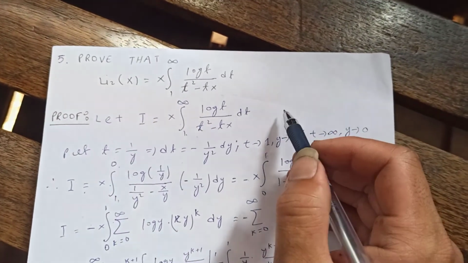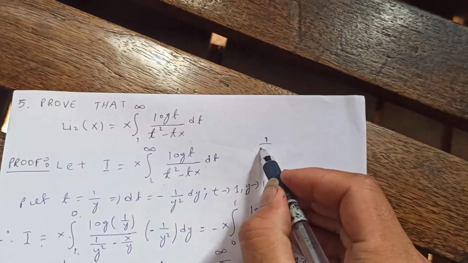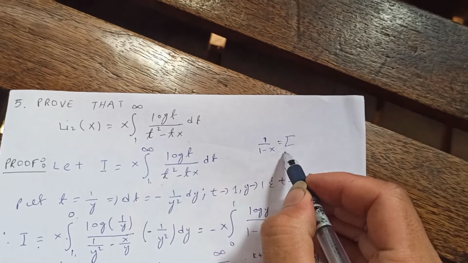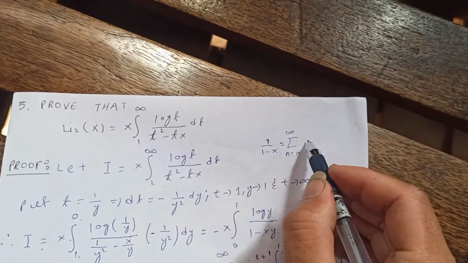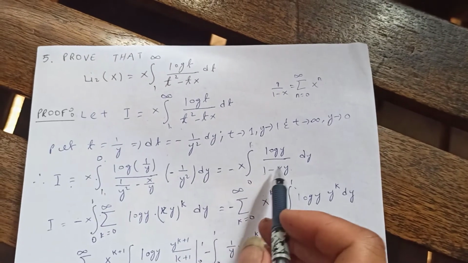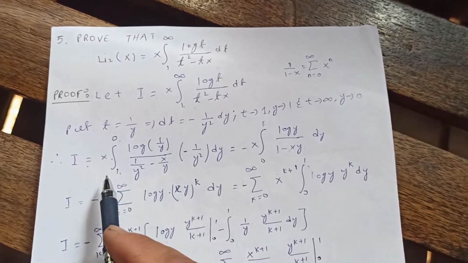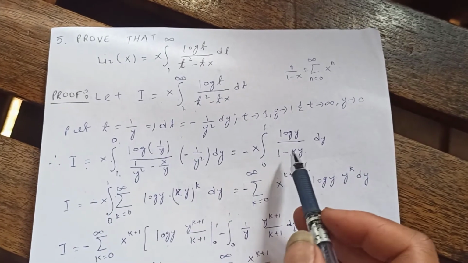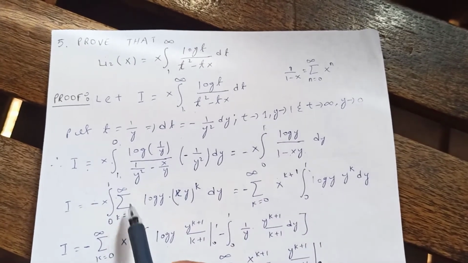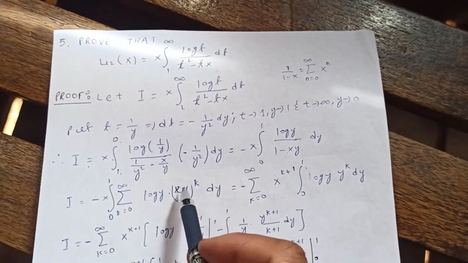And again, using the geometric progression, 1 over (1 − x) is the sum from n equal to 0 to infinity of xⁿ, right? So using that here, I is equal to negative x times the integral from 0 to 1 of the sum from k equal to 0 to infinity of log y times (xy)ᵏ dy, okay?